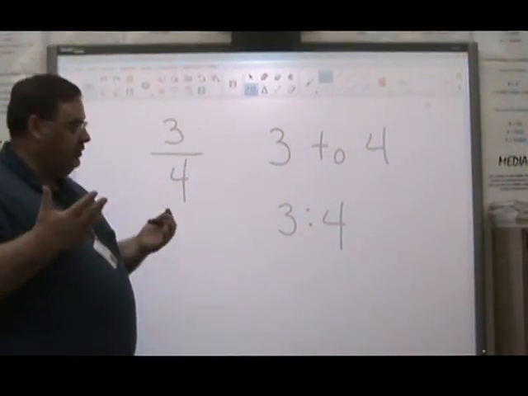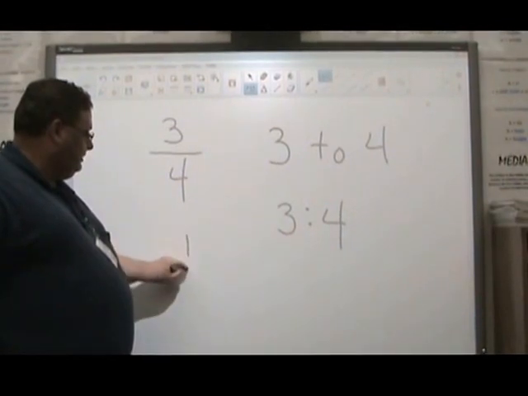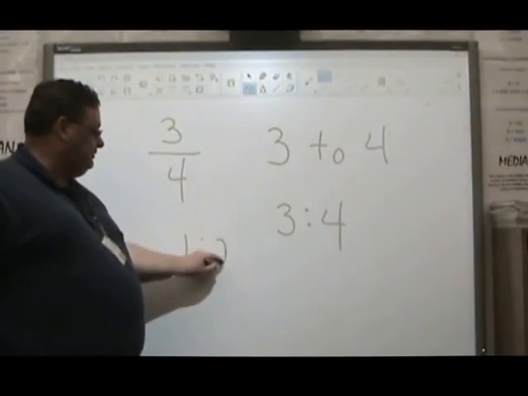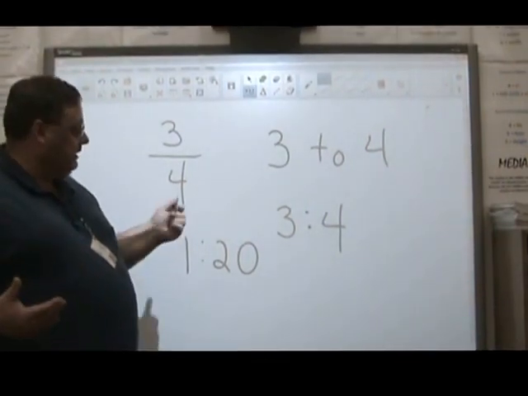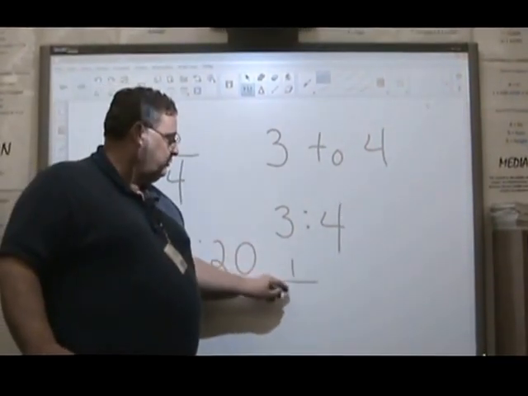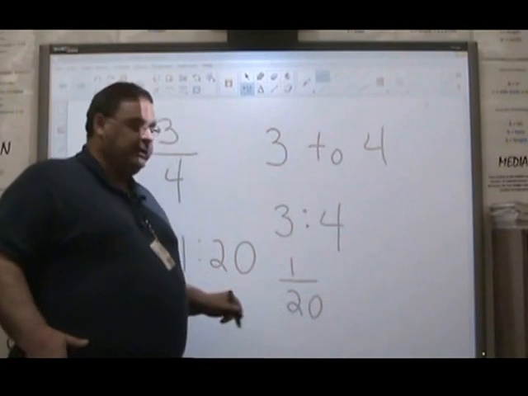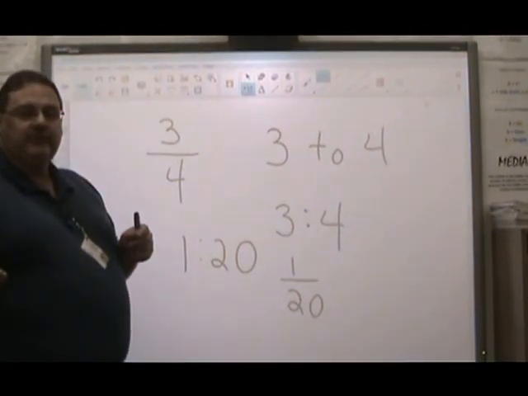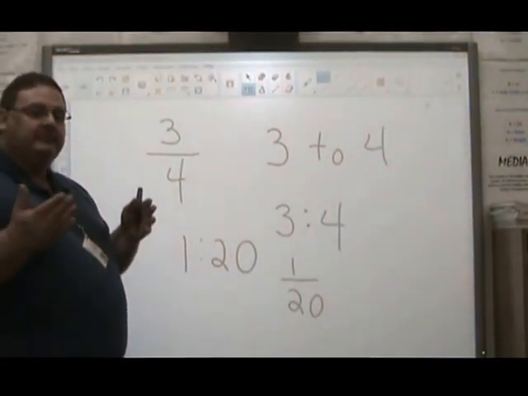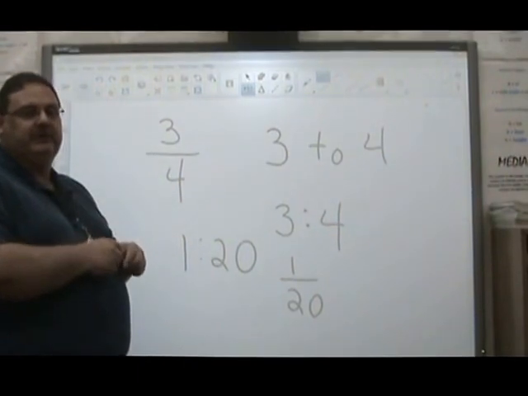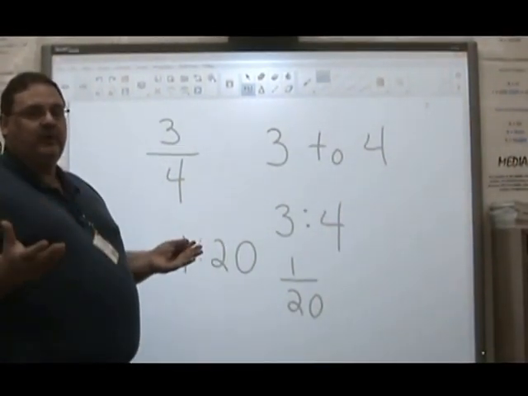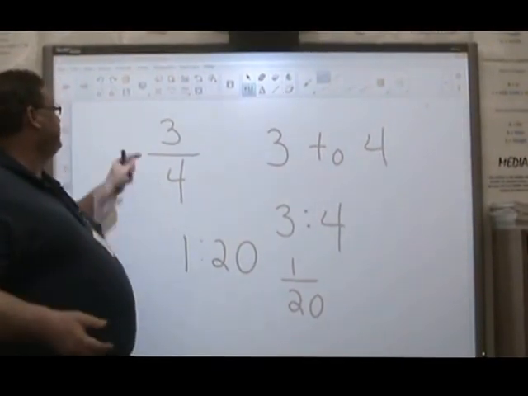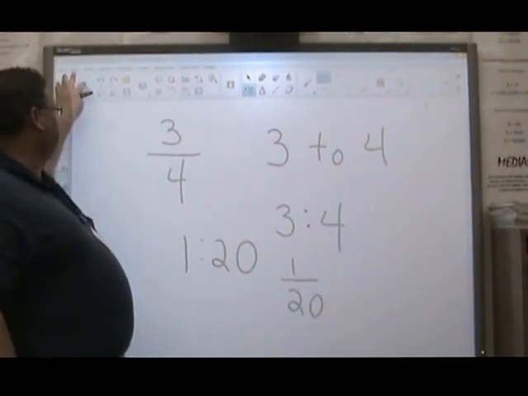In my class currently, 1 out of my 20 students has red hair, or 1 to 20. Another way I can write it would be 1 to 20. So when I use the term ratio, I'm just looking at comparing some things. Maybe number of boys to girls in the class, or whatever the word problem might be. Okay, so that's what a ratio is.